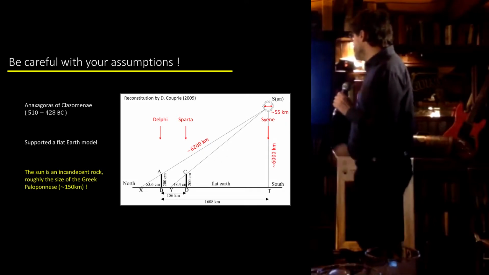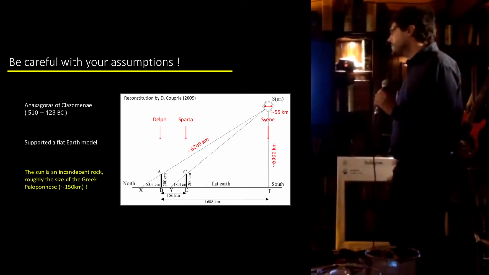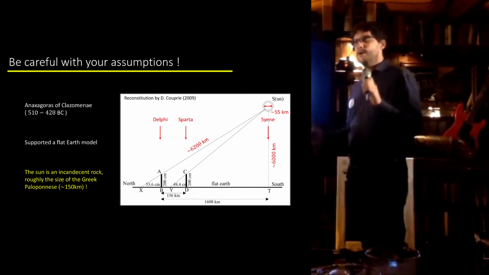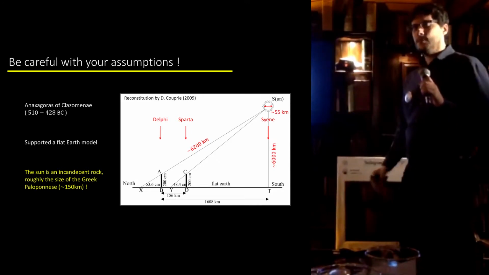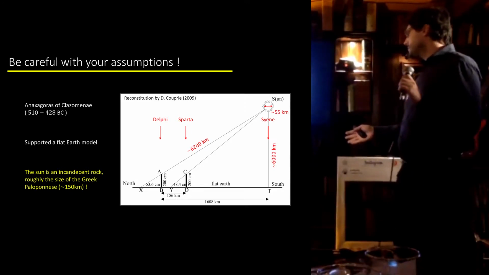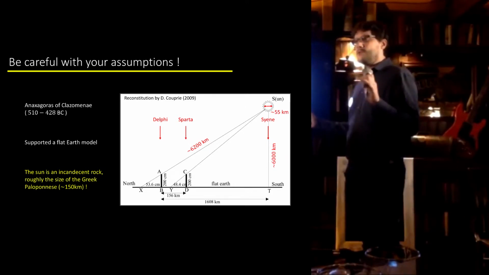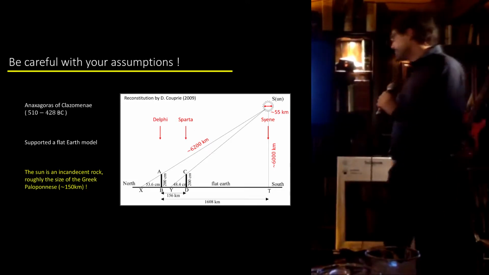Using that and the same sort of observation, he inferred that the sun was essentially a fiery rock located only several thousand kilometers from Earth, with the size roughly of the Greek Peloponnese, about 150 kilometers across.